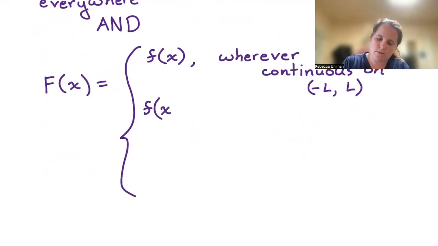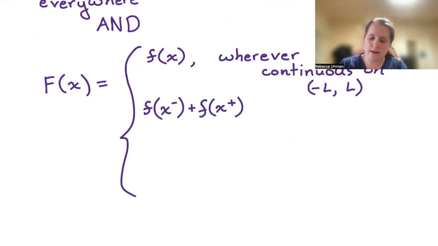So essentially, if we come at x from the left and from the right, and look at the left and right limits and then average them, this is wherever f is discontinuous on the open interval negative L to L.